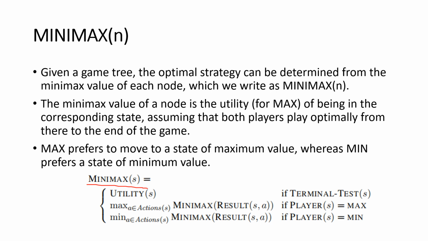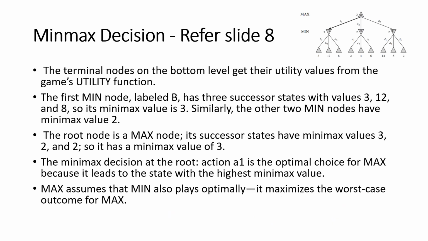So minimax assigns utility values to terminal states and propagates them upward using minimum at min nodes and maximum at max nodes. The slide shows how minimax actually makes a decision at the root of the game tree.